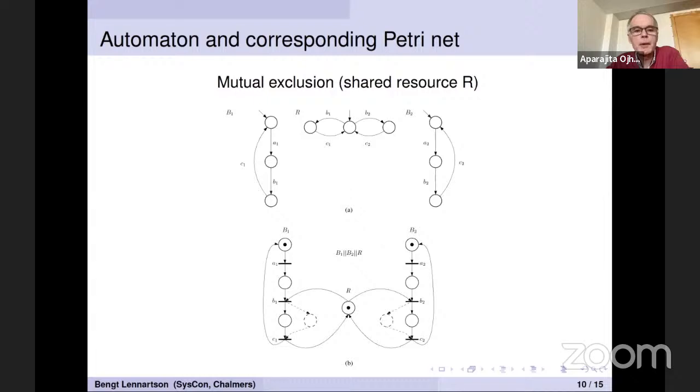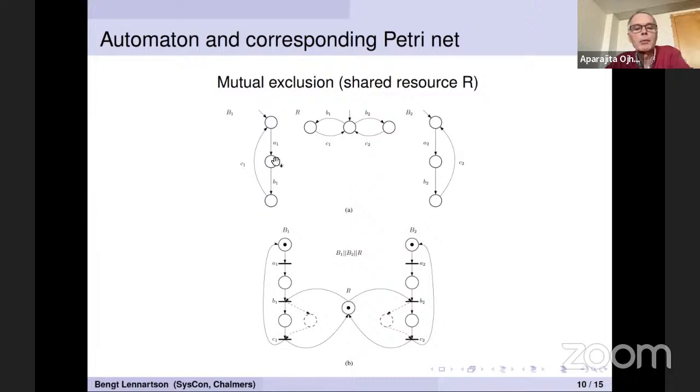I think I skipped this one. This is another quite important application, which I think we talked a little bit about yesterday also. I mentioned this zone as a mutual exclusion zone. You could think about the zone modeled in this way by an automaton R, and then the 2 robots could be considered as B1 and B2.